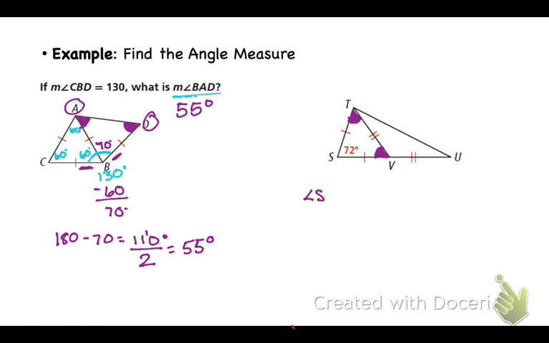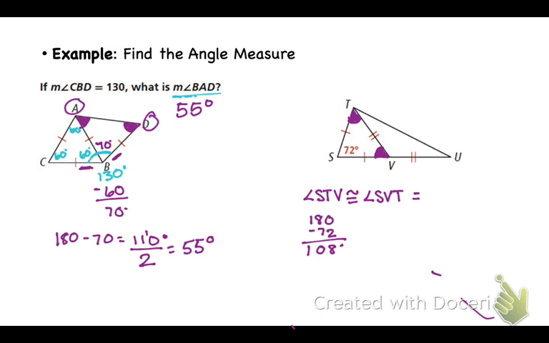STV is congruent to angle SVT. And now we got to figure out the measurement, don't I? So how am I going to do that? Subtract. 180 minus 72, which is, I get 108. What do you guys get?